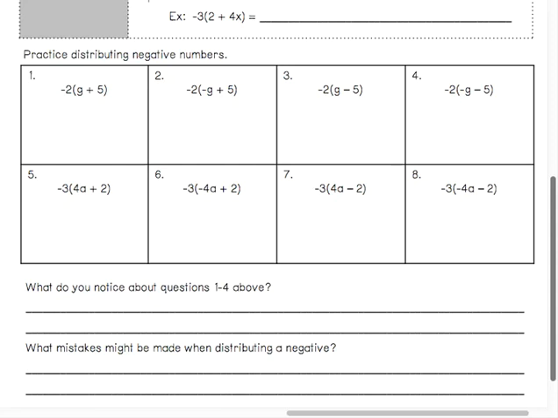And I'm going to get a +2g out of that. And then I have -2 plus 5, and I'm going to have -10. Now notice that this sign changed because of what was in this term here.